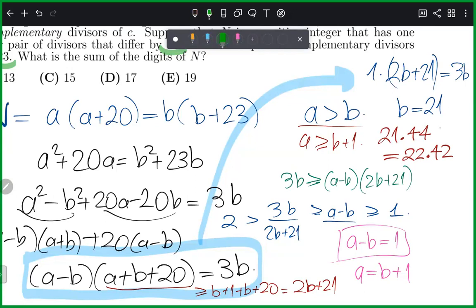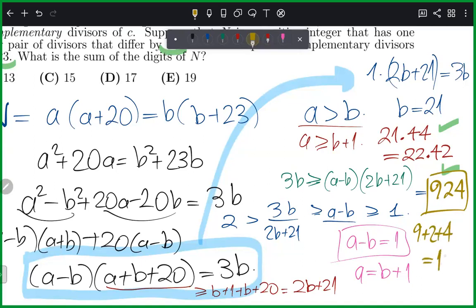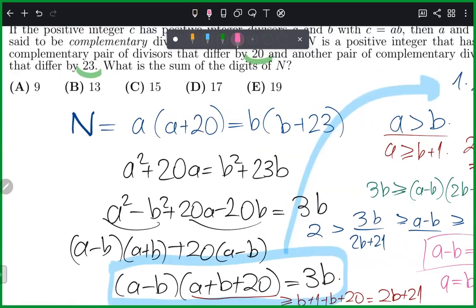The product of those two numbers is 924. And the sum of the digits of n is 9 plus 2 plus 4 equals 15. 15 is our answer, which is C.